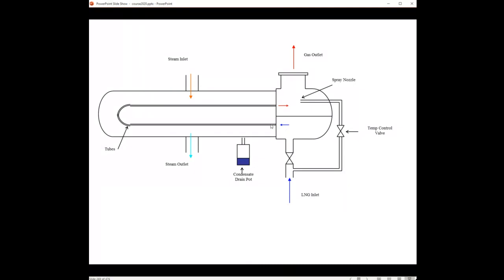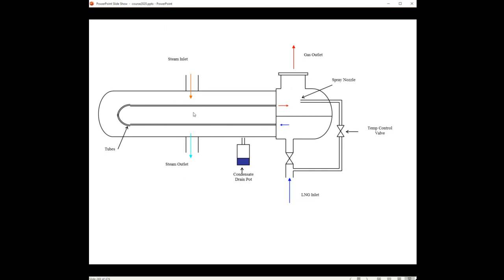Liquid LNG is then sent through these small tubes. Here is only drawn one for simplicity, but there are, of course, a lot more. Liquid is sent through these small tubes while steam is passing around the tubes.